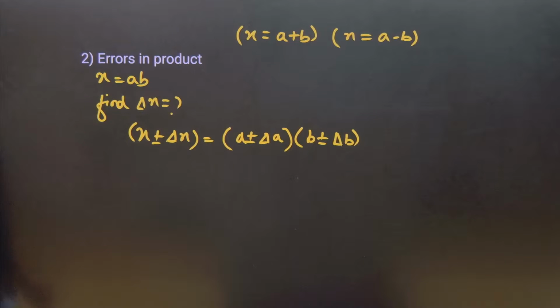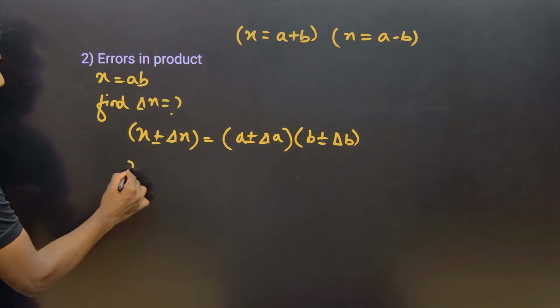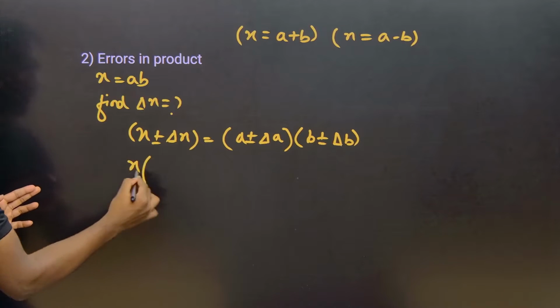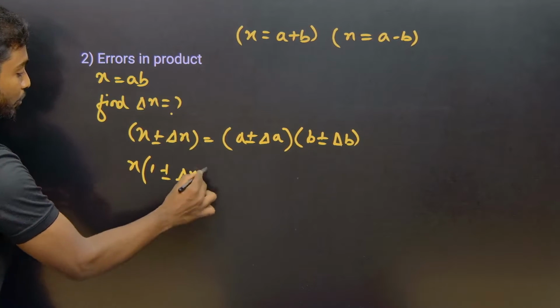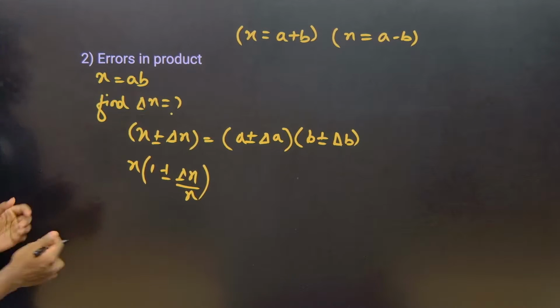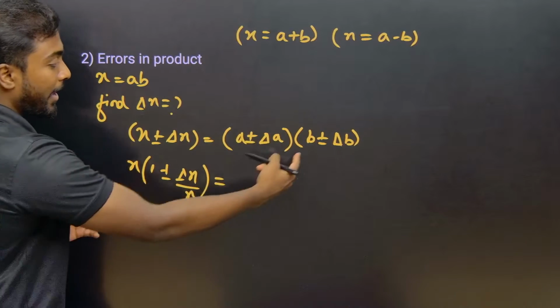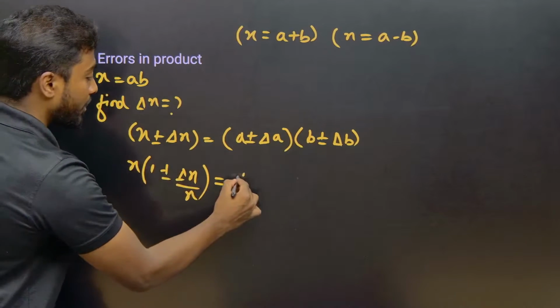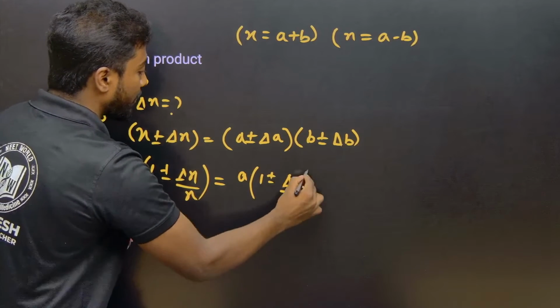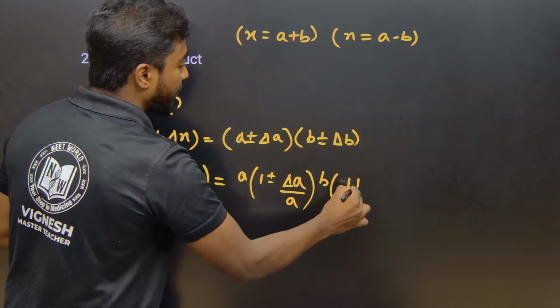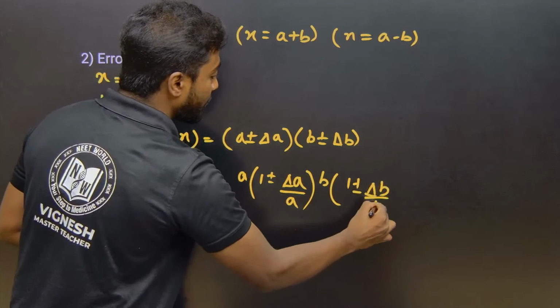Okay. So from this I can take x commonly outside. If I take x outside, what will happen? 1 plus or minus delta x by x will come. Should be equal to, similarly a and b I will take commonly outside: a into 1 plus or minus delta a by a, b into 1 plus or minus delta b by b.